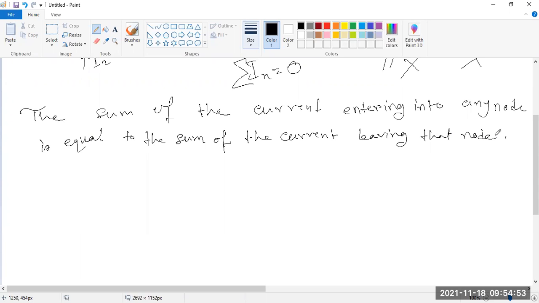The node may be an interconnection of two or more branches.